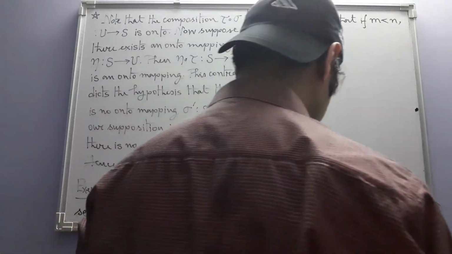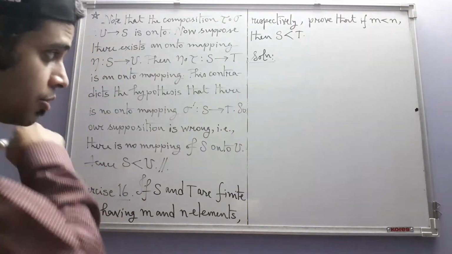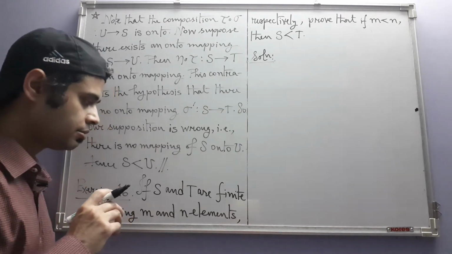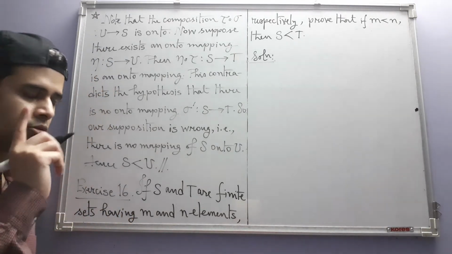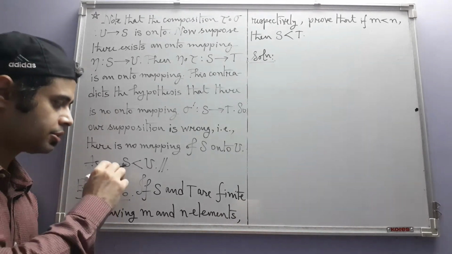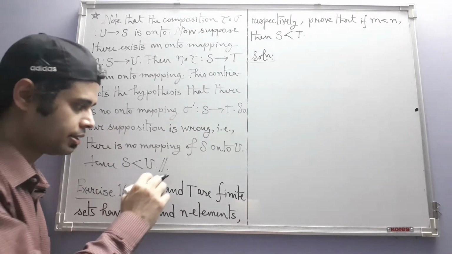So in the solution we can take, note one more thing, note one particular thing about this definition, one set being smaller than another.